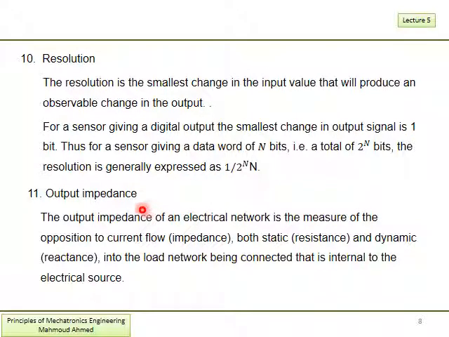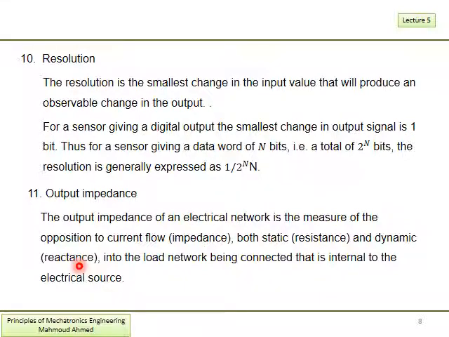Output impedance is from electrical systems. The output impedance of an electrical network is a measure of the opposition to current flow in both static and dynamic conditions. In the static case it is a resistance; in the dynamic case it is a reactance, which can be represented by an inductor or a capacitor.